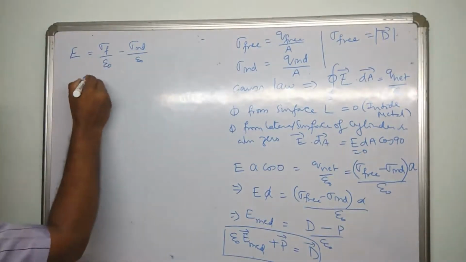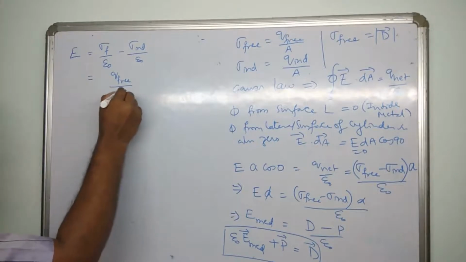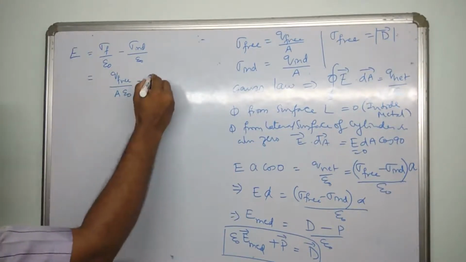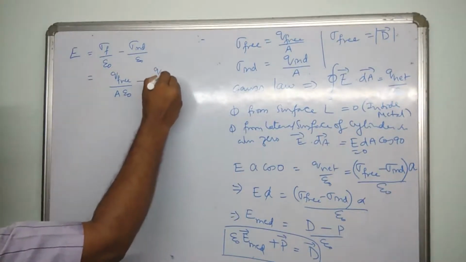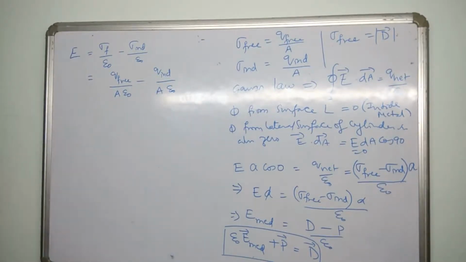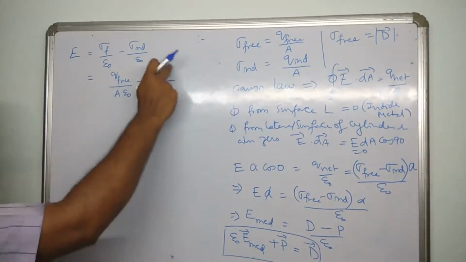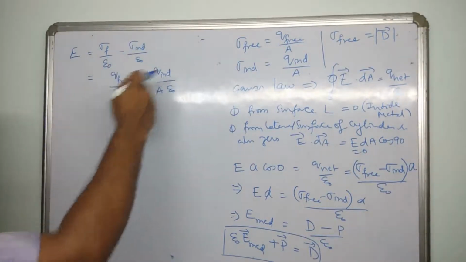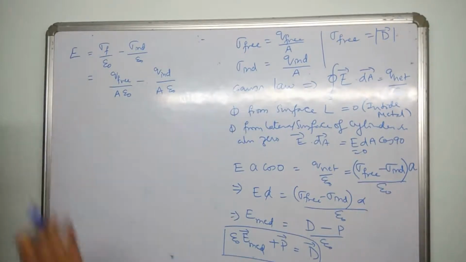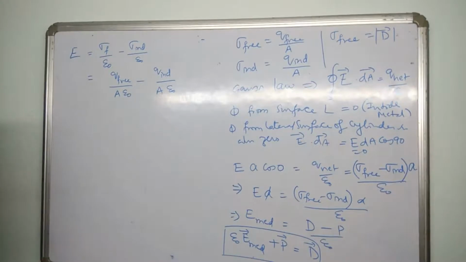We know that sigma free is nothing but Q free by A epsilon naught, and sigma induced is once again Q induced by A epsilon naught. Generally, this free charge will induce some induced charge. Usually it is lesser compared to this, a fraction of the charge.